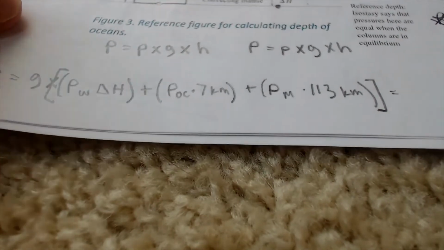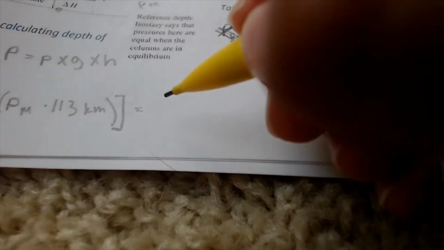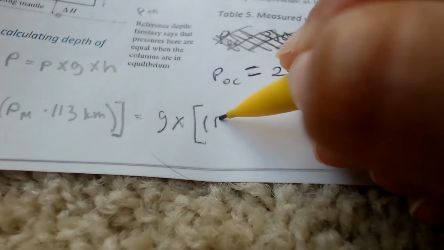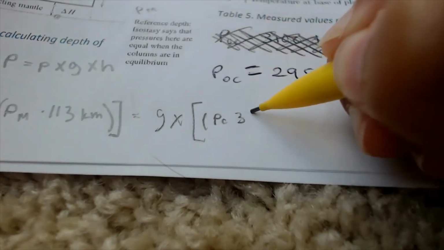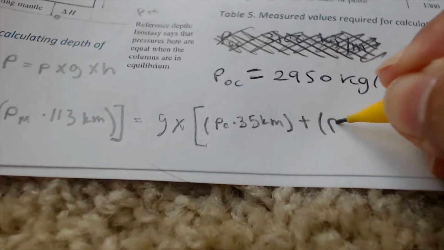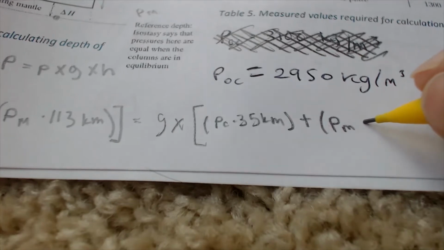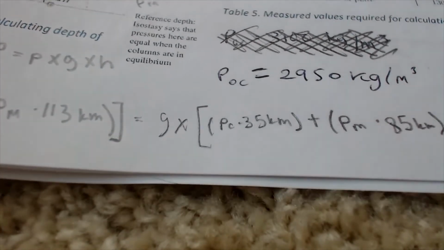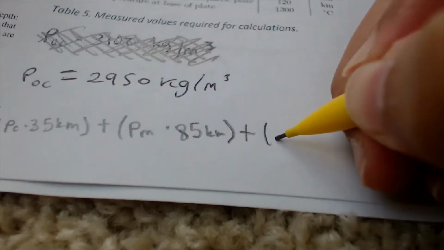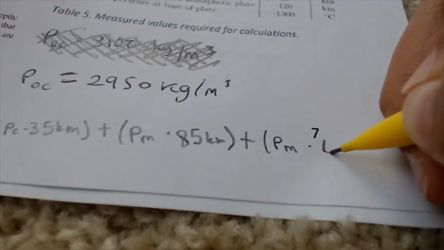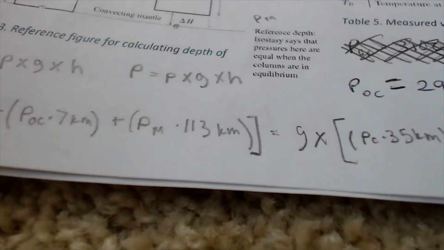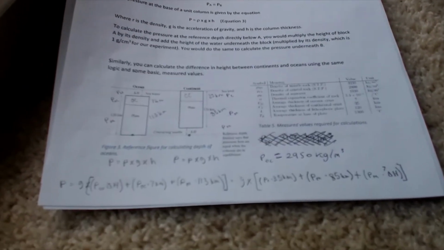So if we go forward, I'd have gravity again times the density of continental crust times its height, which is 35 kilometers, plus the density of mantle rock times its height, which is 85 kilometers, plus another set of mantle rock, so the density of mantle rock times delta H. And what you would do for the entire equation is solve for delta H.